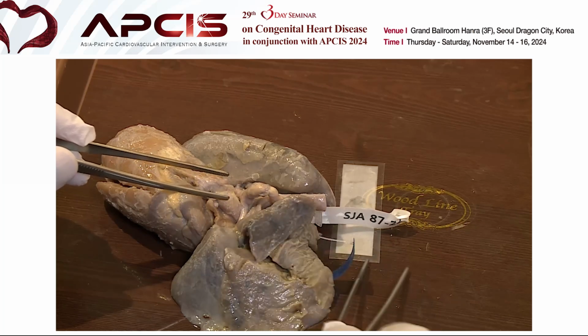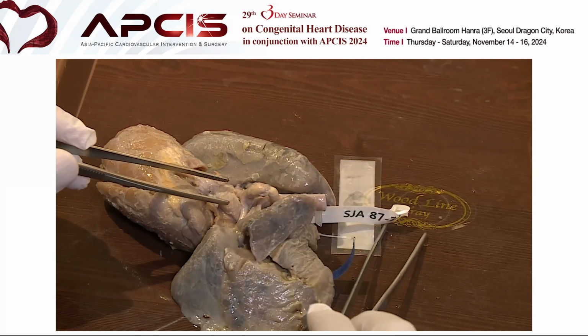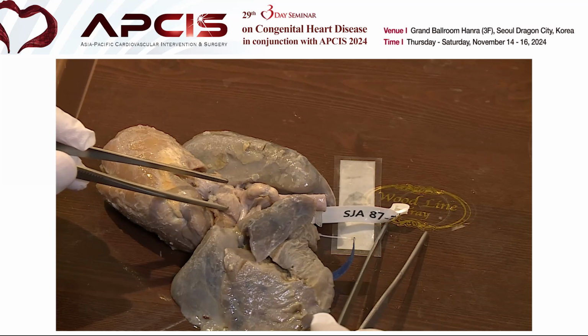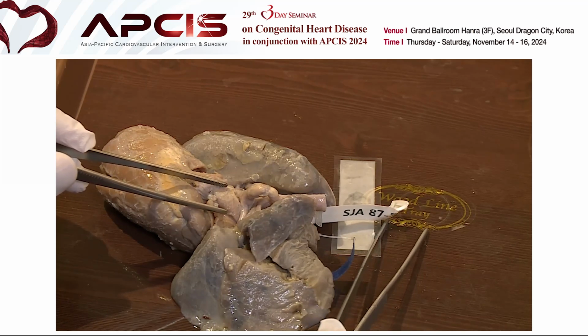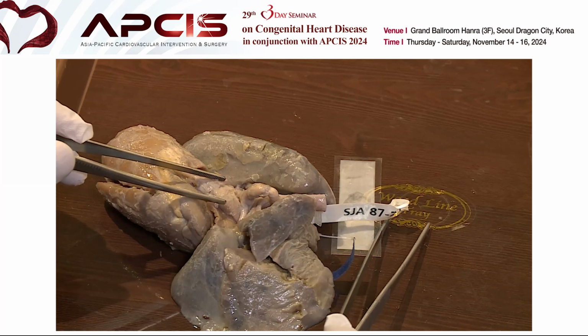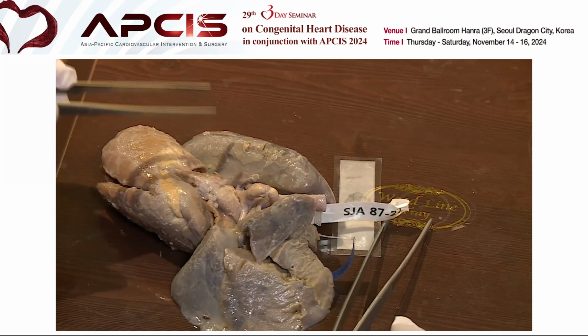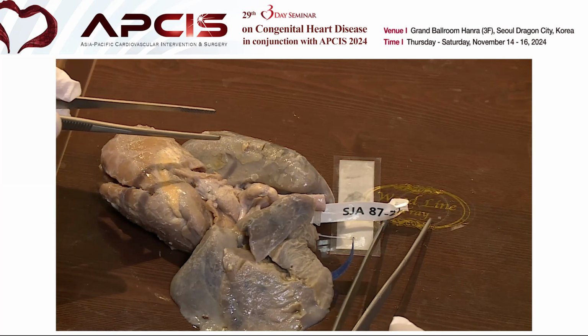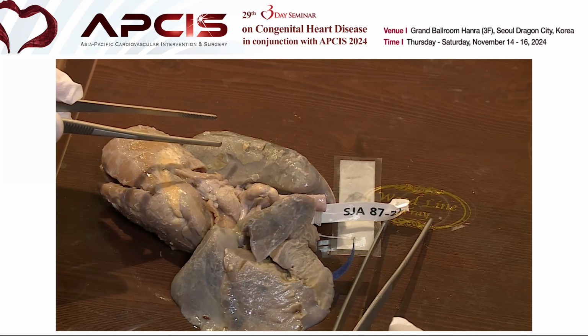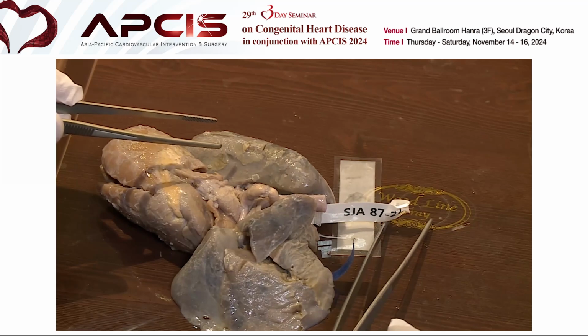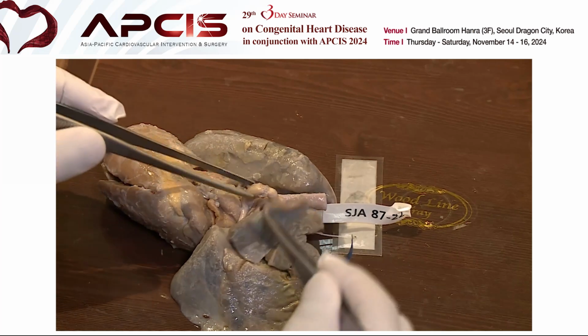And long time ago, Dr. Tae-Jin published a paper regarding the course of the vertical vein in patients with supracardiac TAPVD associated with right atrial isomerism. Would you elaborate on that a little bit? So in situs solitus, usually the vertical vein is in front of the pulmonary artery and in front of the bronchus.